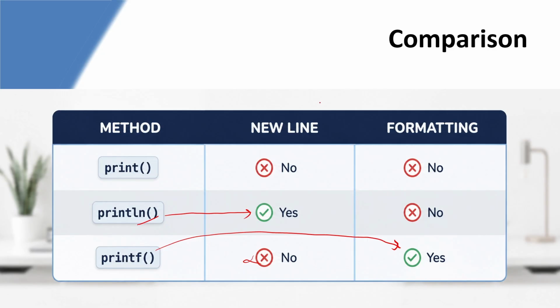So the print method does not add a new line and also doesn't format, whereas the println method adds a new line and the printf method does the formatting and no line breaks.